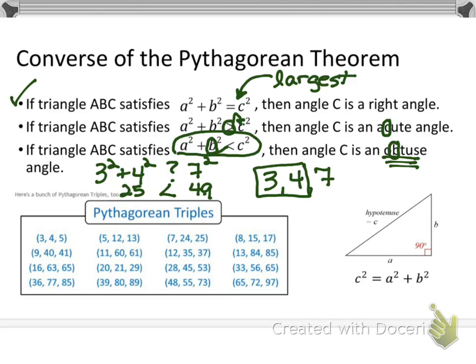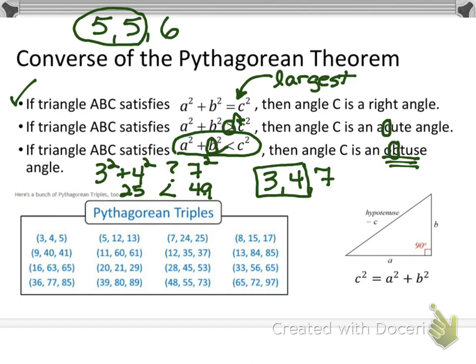Excuse me. Okay, let's try this. What if I tell you the sides of a triangle are 5, 5, and 6? Okay, so 5, 5, and 6. So what do we have? The 5 and the 5 are clearly the smaller of the sides.